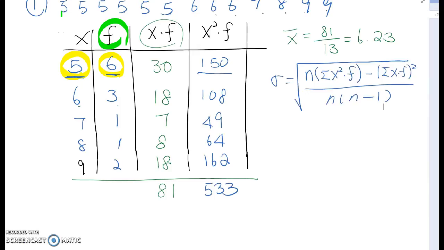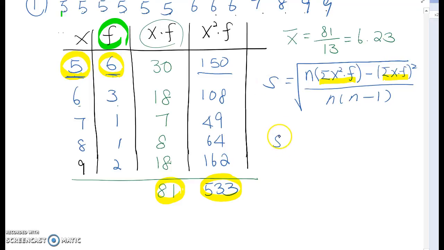So if you look at the formula of standard deviation, you may now notice that this means this value, and this means this value basically. Therefore, completing this table is key to finding the standard deviation value. Sorry, this should be S in this case.